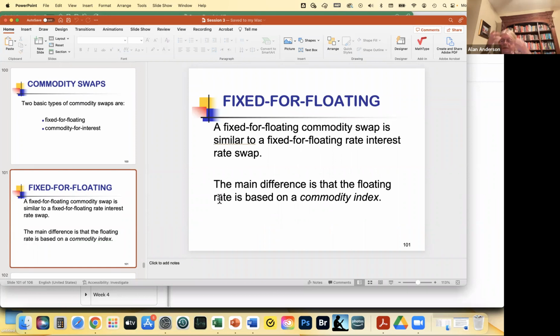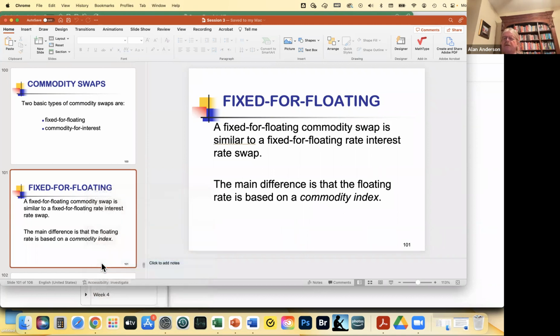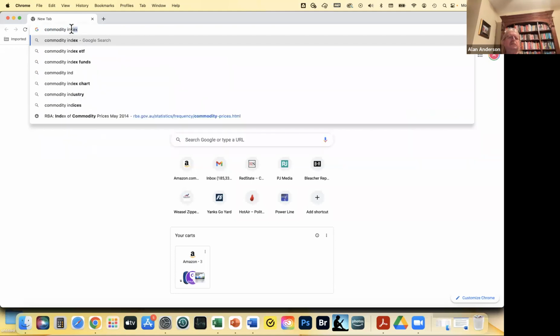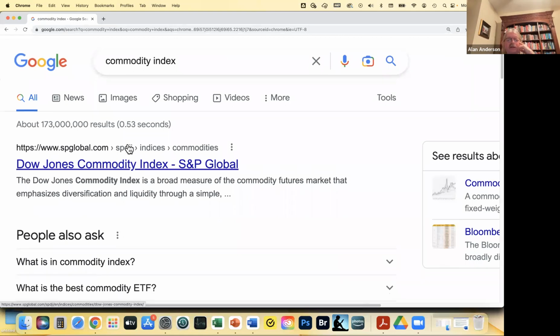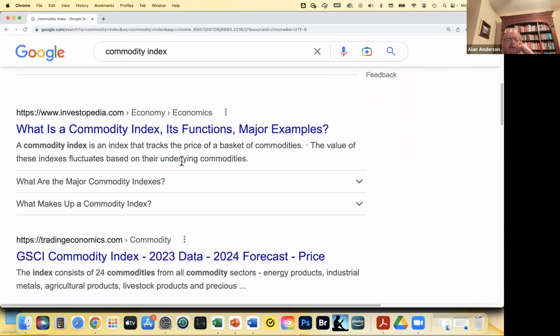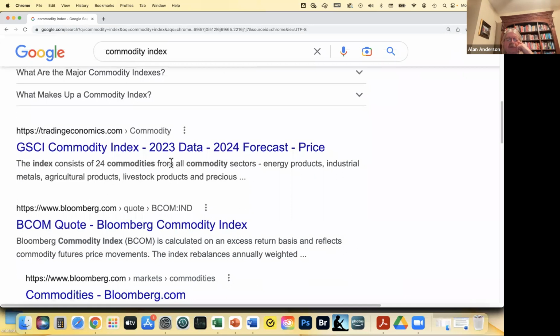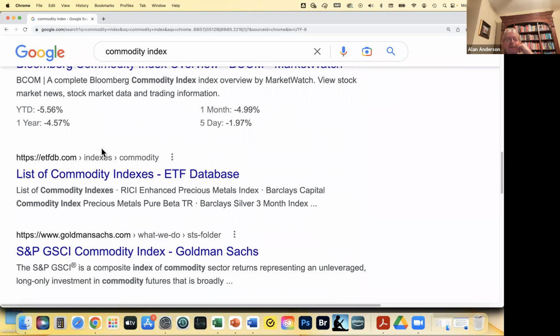There do exist commodity indexes, and they're just numbers that reflect the returns to a basket of commodities. For example, there's a Dow Jones Commodity Index. There's a few others. Bloomberg has one. GSCI belongs to Morgan Stanley. There's several of them that we could use.